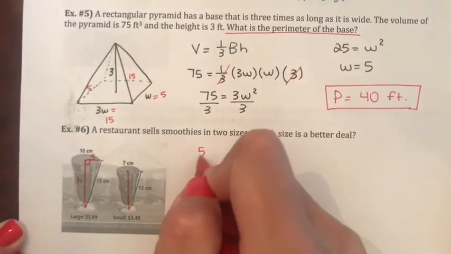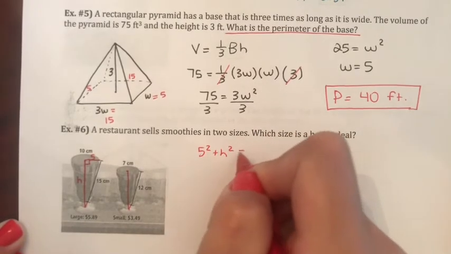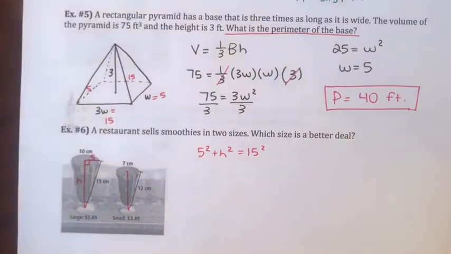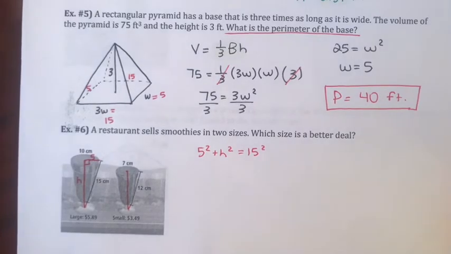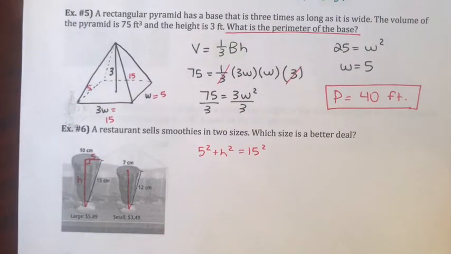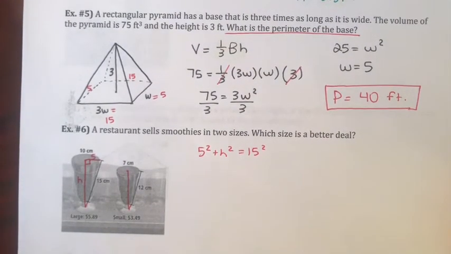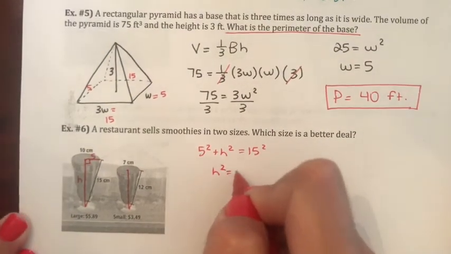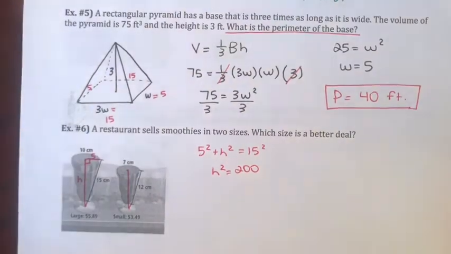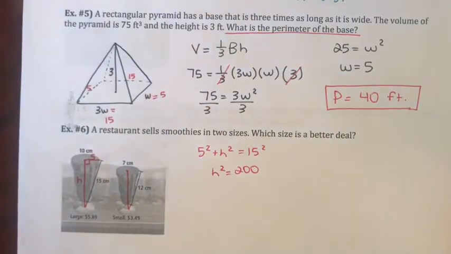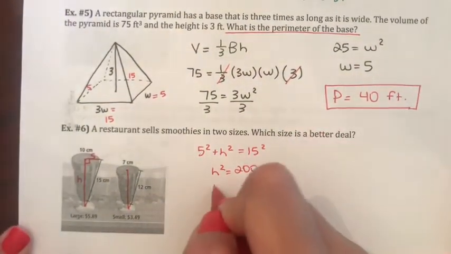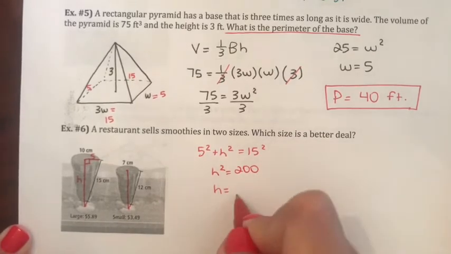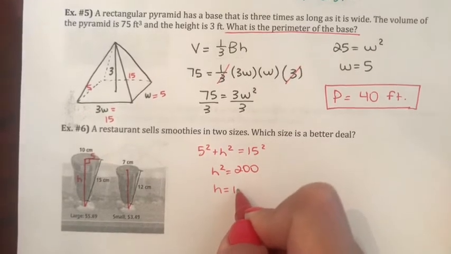So I'm going to do 5 squared plus h squared equals 15 squared. Okay, so I have h squared equals 200, the square root of 200. The height for the big one is going to be 14.1.